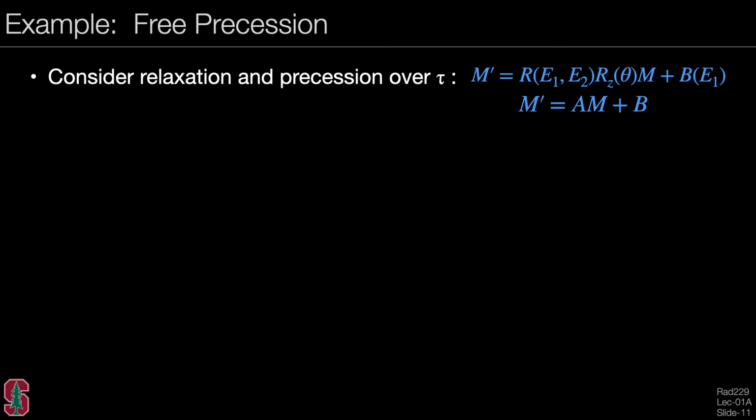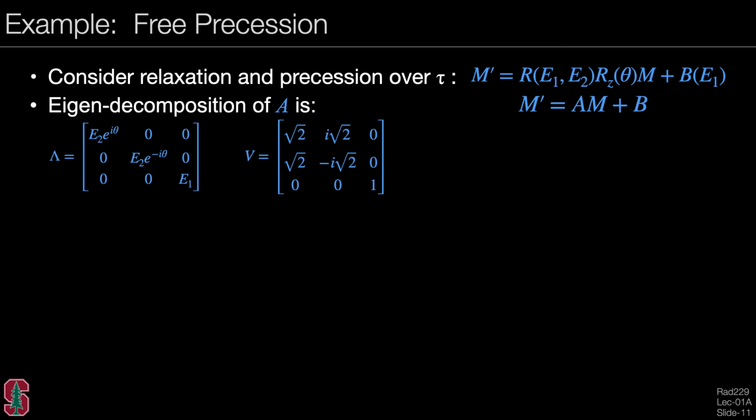In this case, I'm not going to show the calculation, but if we take the A matrix with a rotation about z and relaxation, it turns out we can do the eigen decomposition of A as shown here. Notice that the lambda matrix, the eigenvalues here, are scaled by E2, E2, and E1 from relaxation.